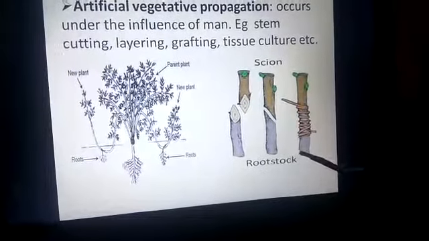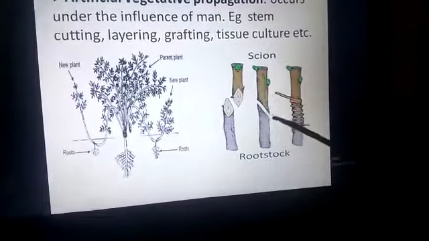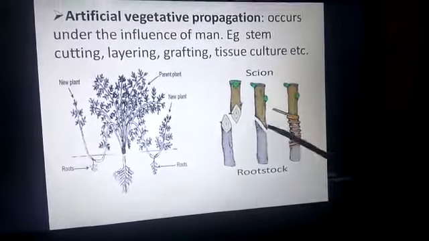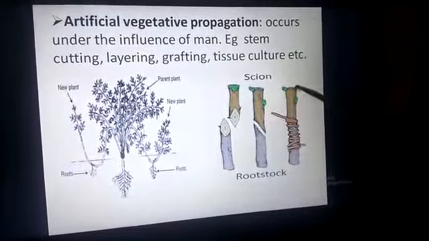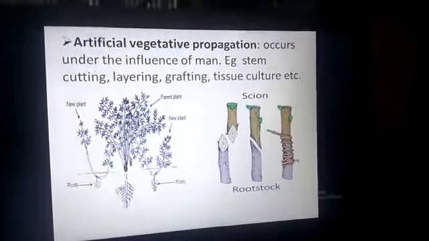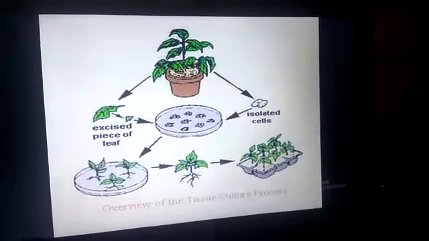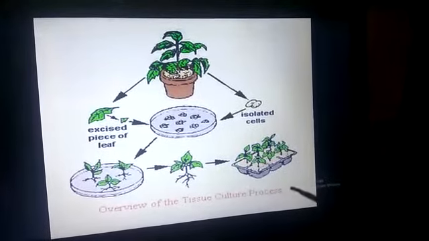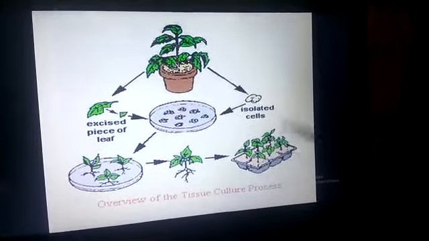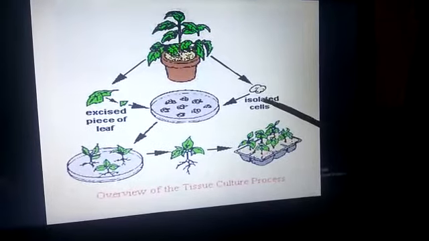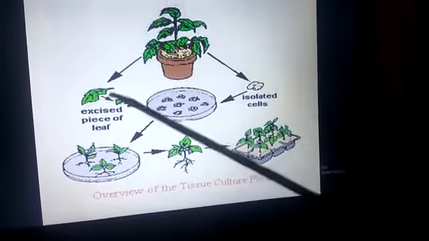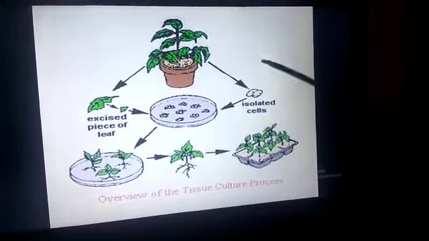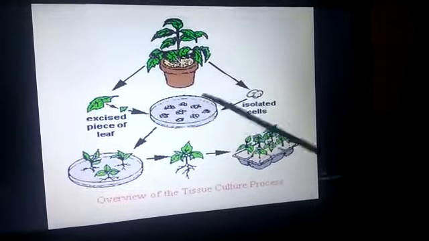Now this picture is an example of grafting. In grafting, two different plants are brought together and allowed to grow into a single plant. So this picture is the overview of the tissue culture process. In tissue culture, a cell or any piece of leaf is removed from the plant and cultured in a nutrient medium.